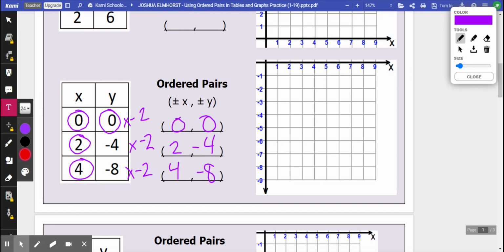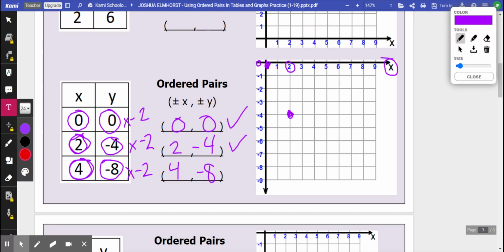Now, sometimes we have a positive input, but our output is going to be negative, depending on what the rule is. So using our input-output, when x is 0, I'm going to put a solid point right there, 0, 0. And then when x is 2, now we're going to go down to -4.